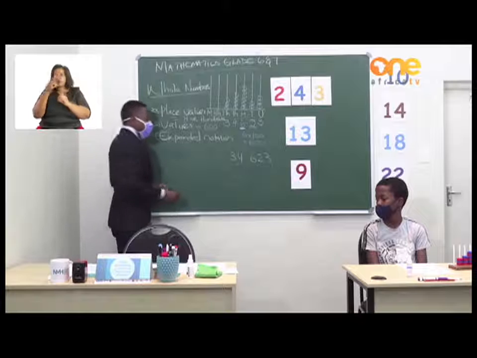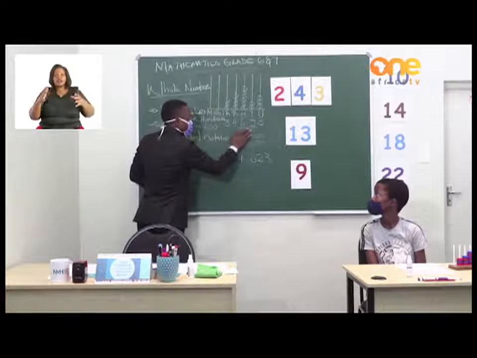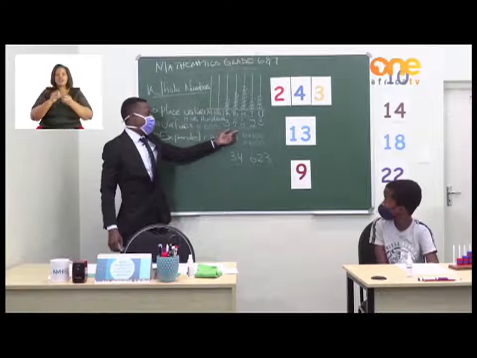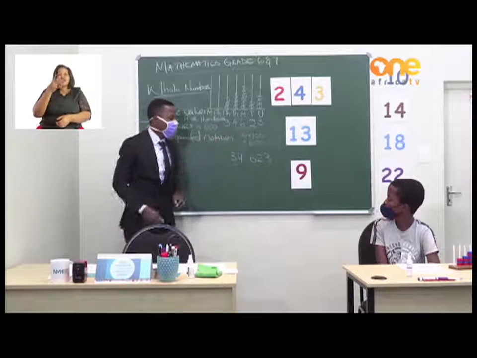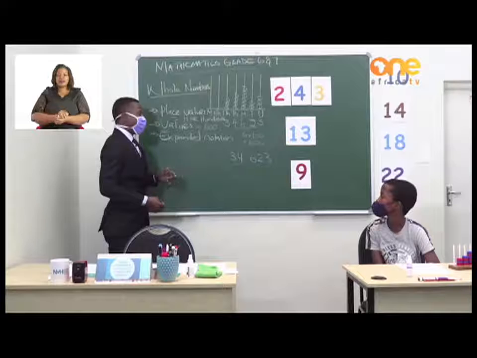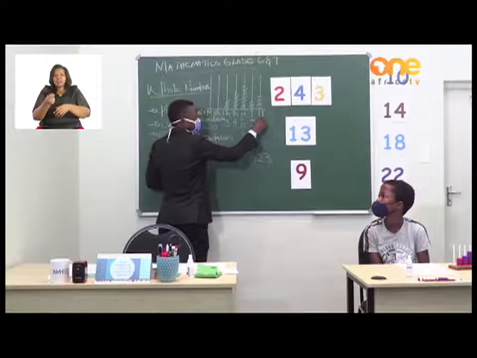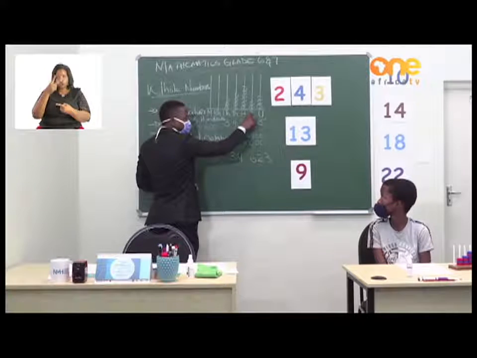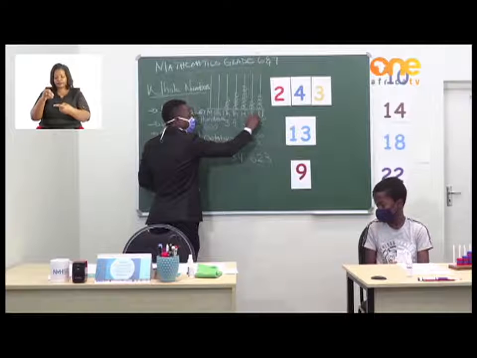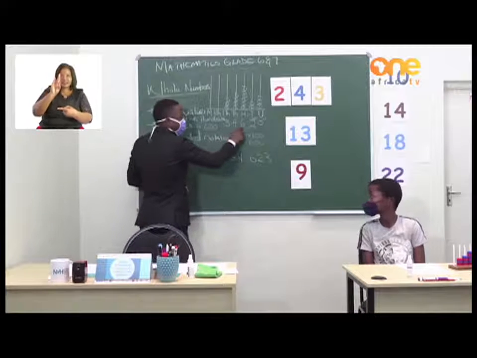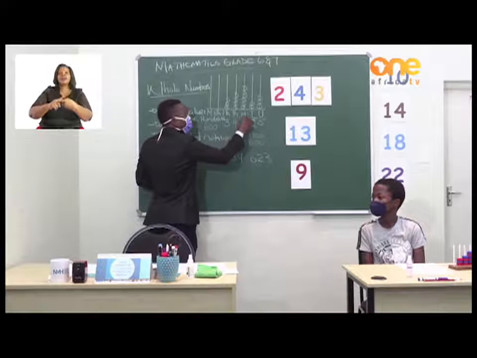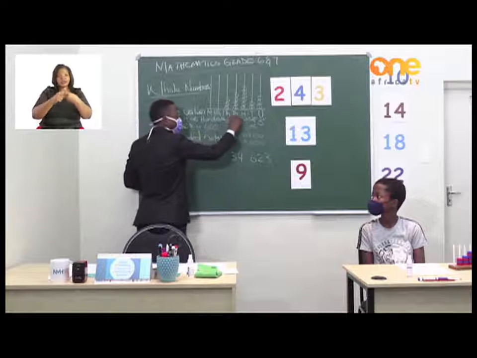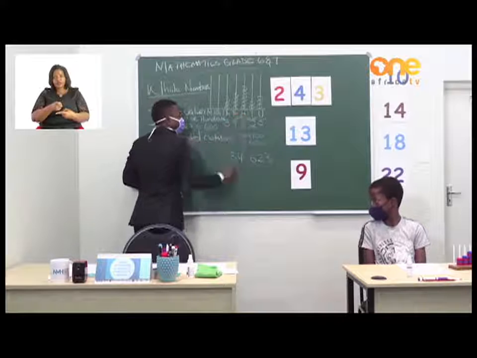No. An expanded notation will require all the digits in the number. 34,623 in an expanded notation, we get it how? 3 in position of a unit, you multiply with 1. 2 in position of tens, you multiply with 10. 6 in position of 100, we multiply with 100. 4 in position of 1,000, we multiply with 1,000.